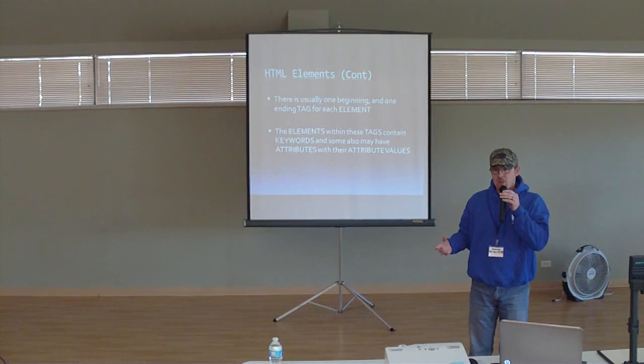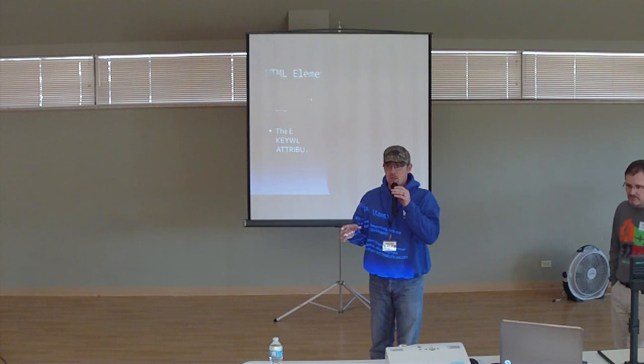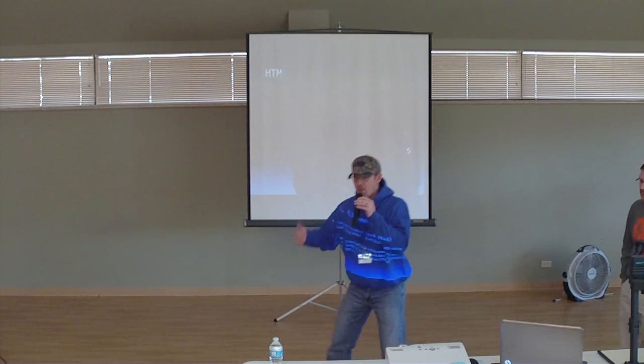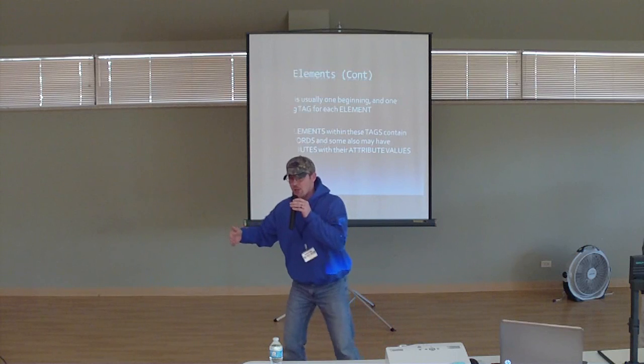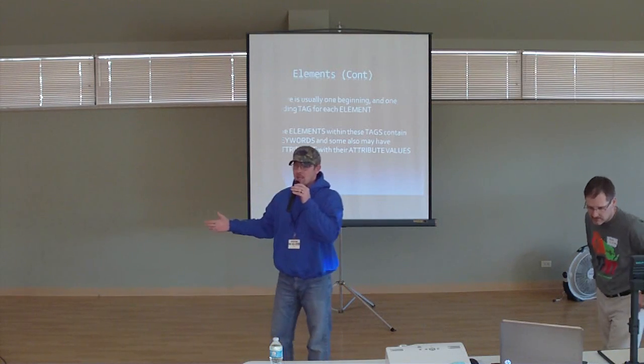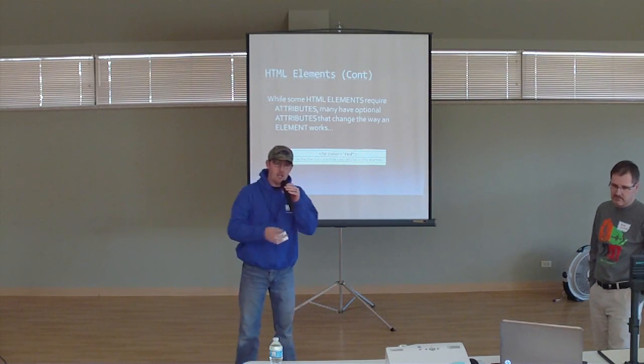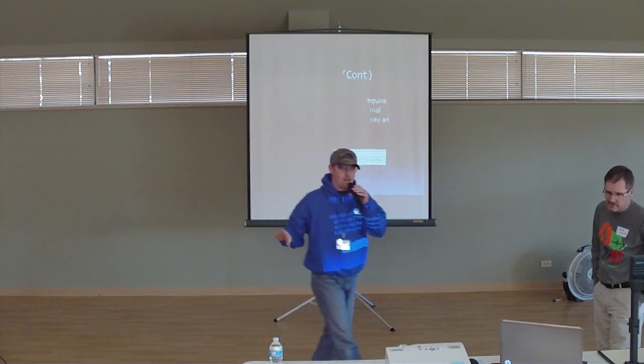So you have one beginning tag saying, okay, this is the font that I want to use, but I want it to have this size, this color. Those are the attributes that are added to the tags. And then at the very end, you would have your ending tag. So this is the beginning, this is the end, and here's what I want it to do.